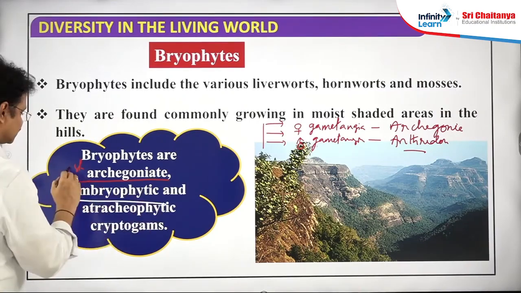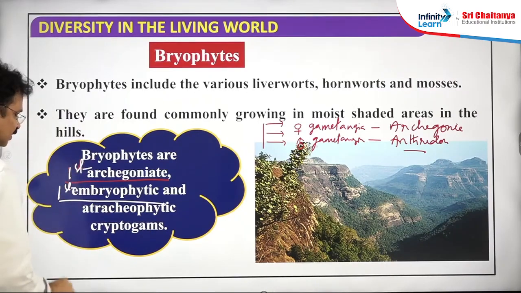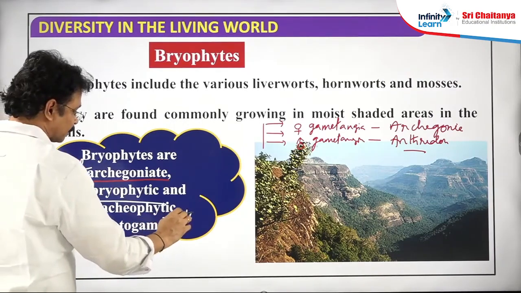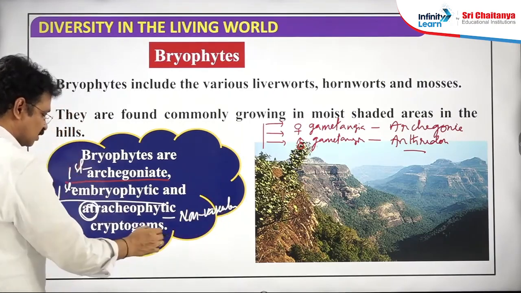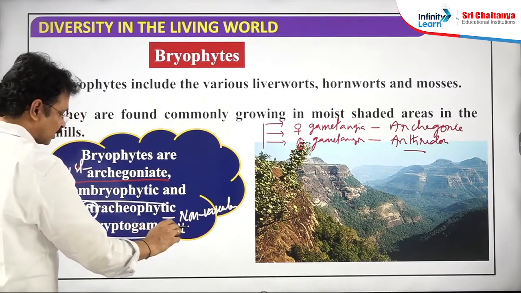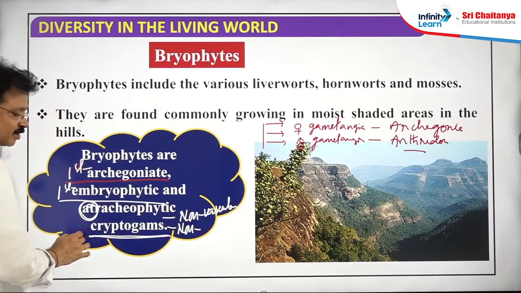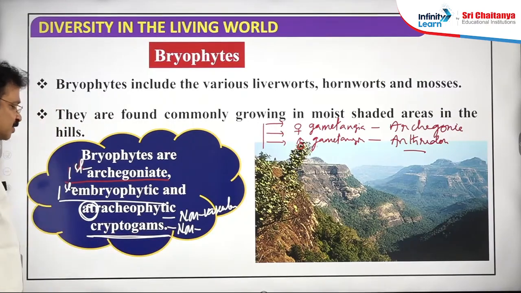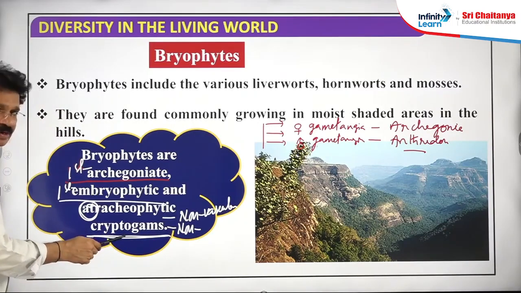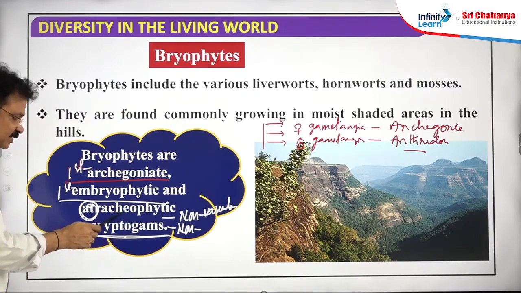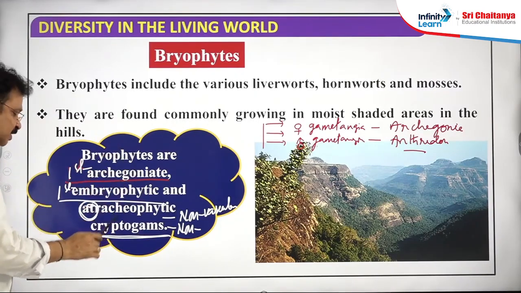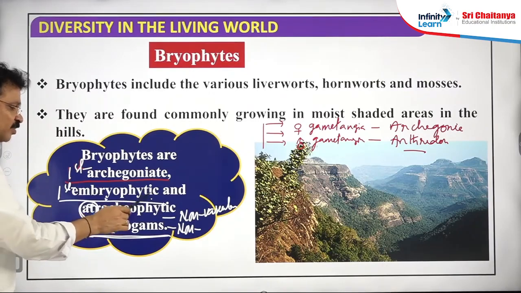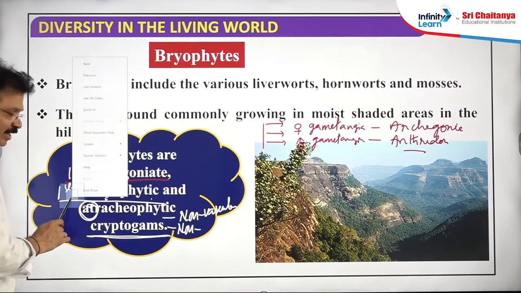First embryophytes, first archegoniates, atracheophytes, non-vascular plants. Non-vascular plants, vascular tissue is absent. Non-flowering plants, cryptogams, you learned in the first class, the introduction part of the plant kingdom. Tell me once again, what is the meaning of cryptogams? Non-flowering plants. Atracheophytes, non-vascular plants, vascular tissues are absent. Embryophytes, embryo formation occurs in their life cycle for the first time.